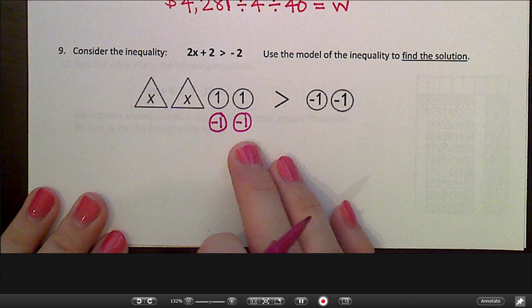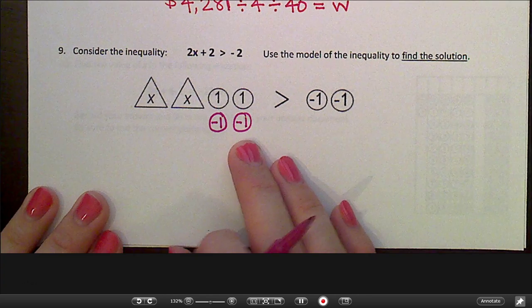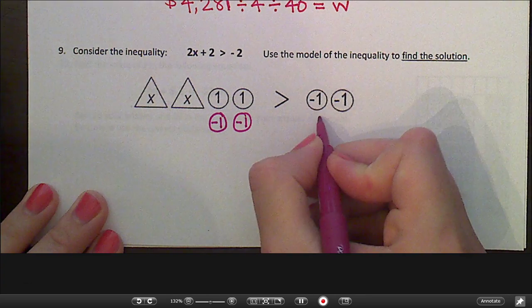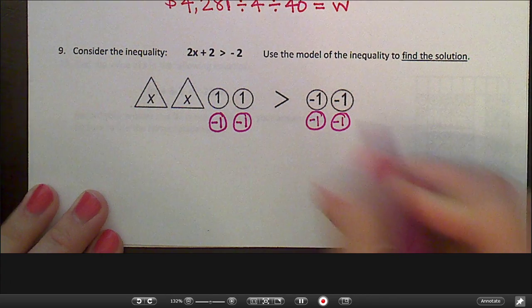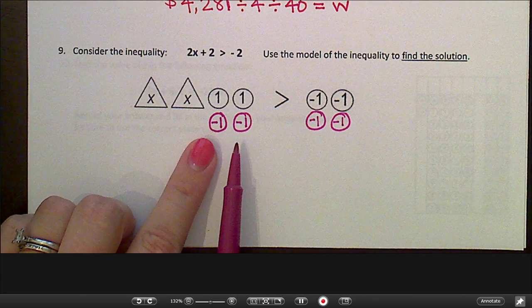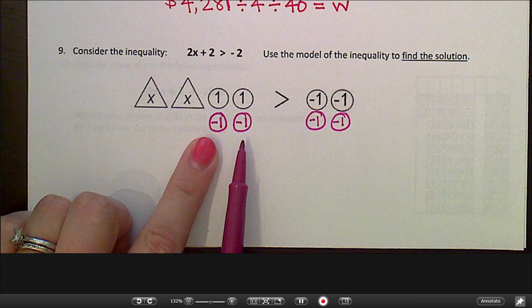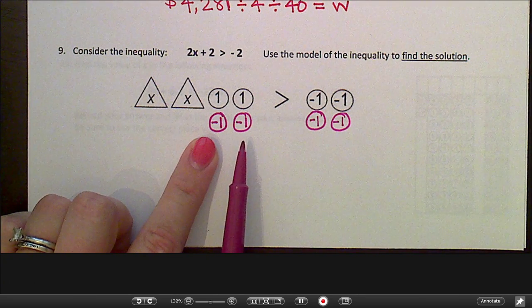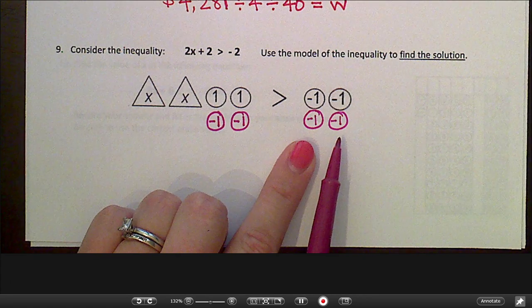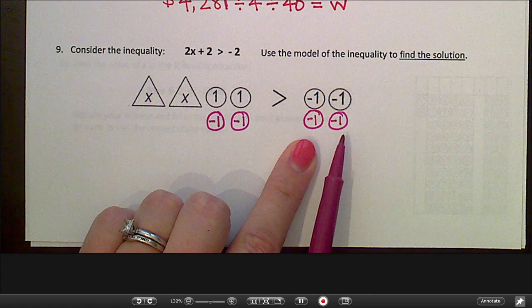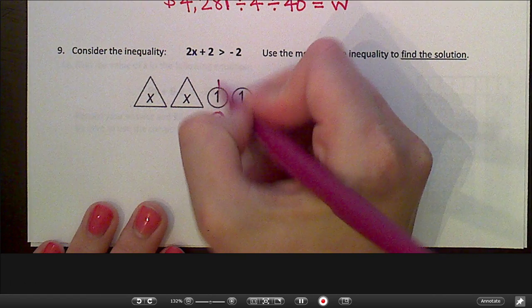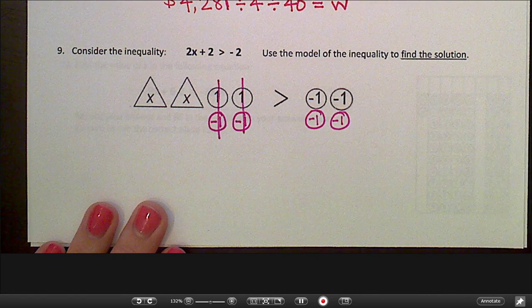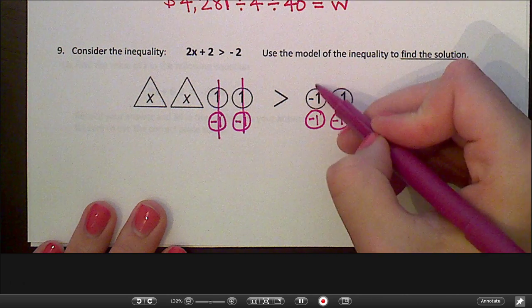If I'm going to add 2 negatives over here, which is the same as subtracting 2, then I need to subtract 2 from this side. So whenever I draw 2 negatives, that's the same as if I said minus 2. Same thing over here. Drawing 2 negatives is the same as saying minus 2. Now these get to cross out because that's a 0 pair. We learned about that when we were adding and subtracting integers.